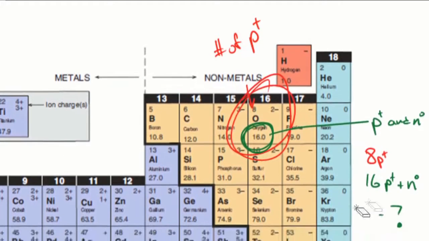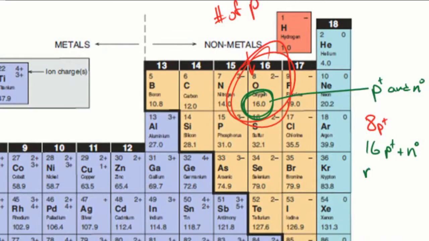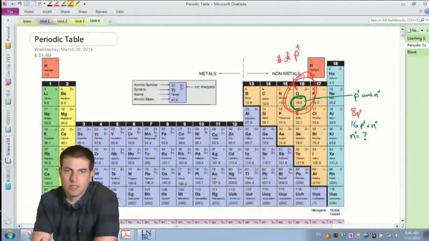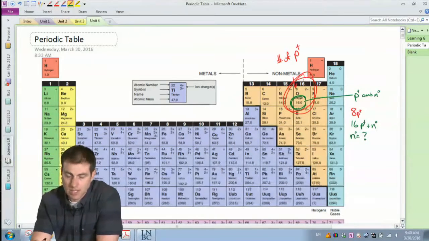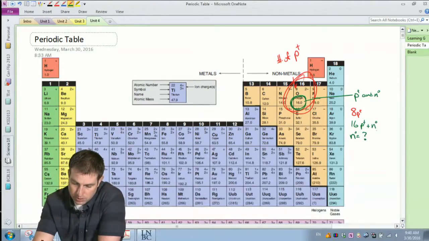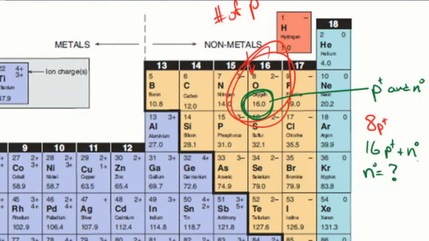You will do this a million times in Science 10. Can anybody tell me how many neutrons we have? What do you think? Seems pretty straightforward, of course, and it is. 8, yeah. So we have 8 neutrons. Sometimes the protons and neutrons will be the same. Sometimes they won't. So in order to figure it out, what you can do is take the atomic mass and you can subtract the atomic number.